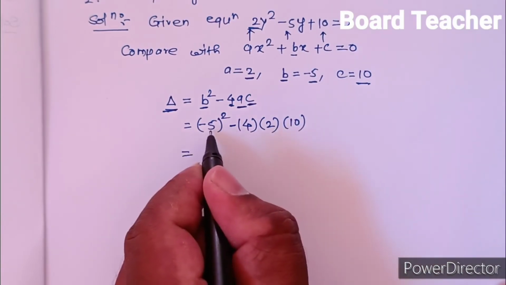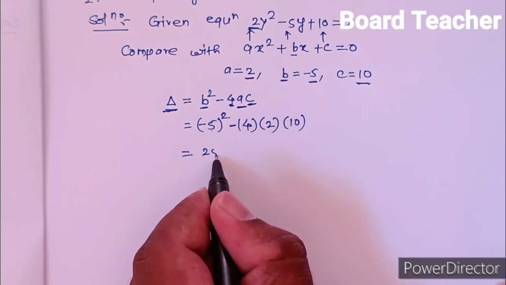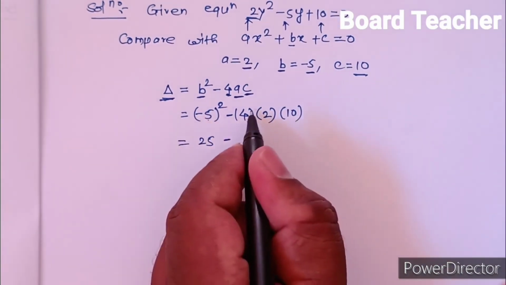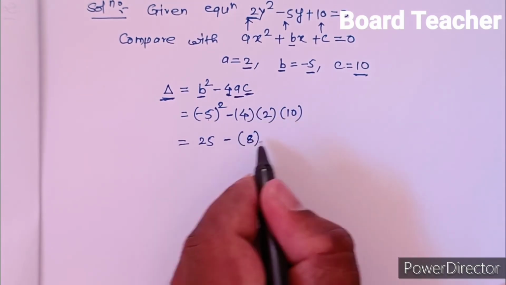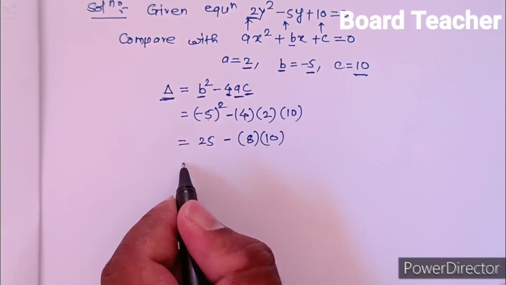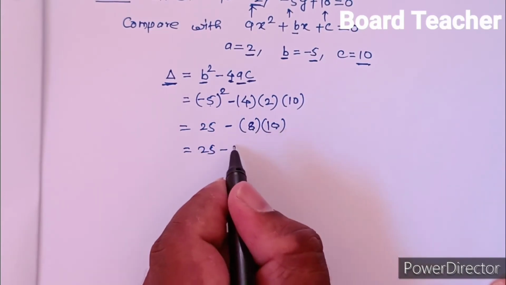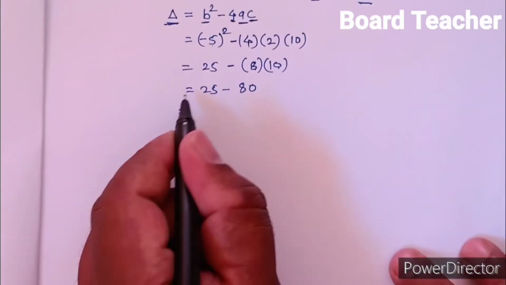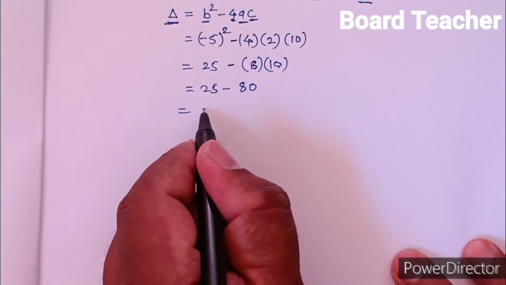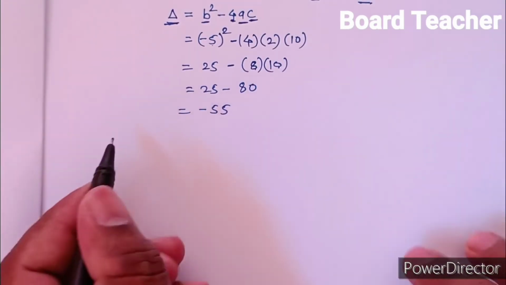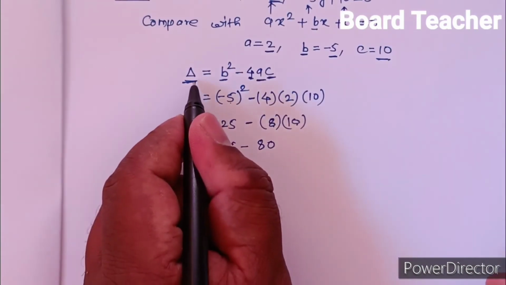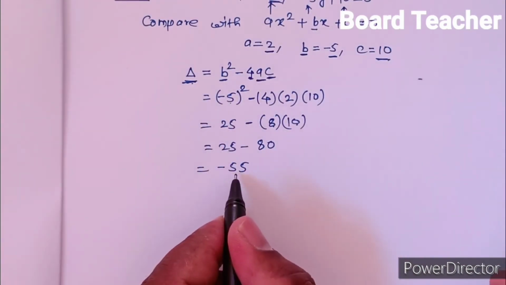Now on calculating the square of minus 5, that is 25, minus as it is 4 into 2, that is 8, into 10. Now here 25 minus 8 into 10, that is 80. On calculating 25 minus 80, that becomes minus 55. We get the value of discriminant, that is delta equals to minus 55.